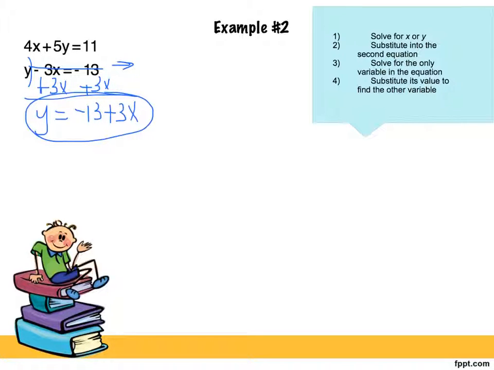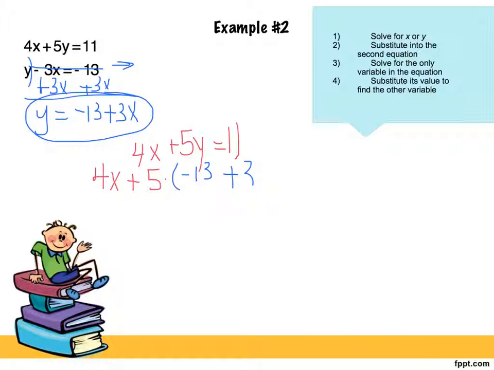So we take our other equation, 4x plus 5y equals 11. 4x plus 5 times, now instead of y, I'm going to put negative 13 plus 3x, equals 11.